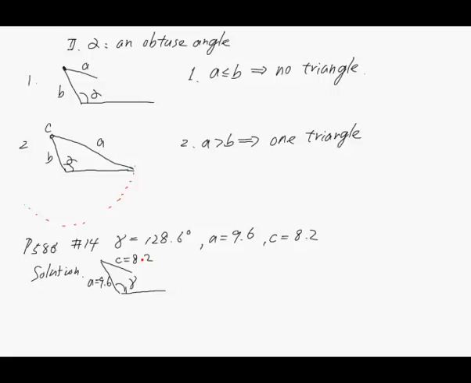So first, you compare this C with A. C equal to 8.2 is less than 9.6, which is A. So that means C is less than A. And if you use this point as the center of a circle and C as the radius, then this radius will not touch this side, right?